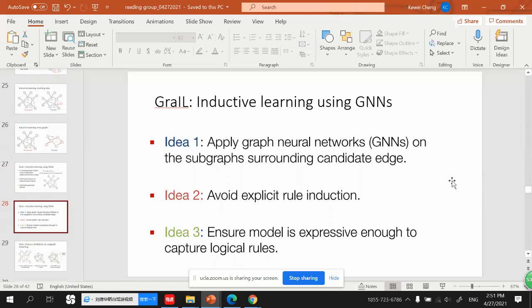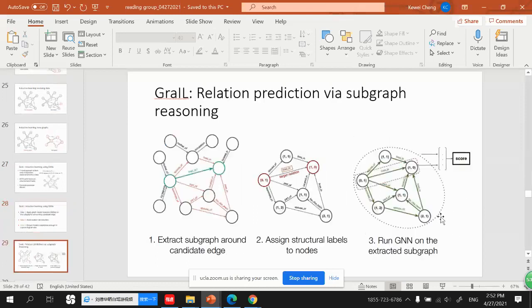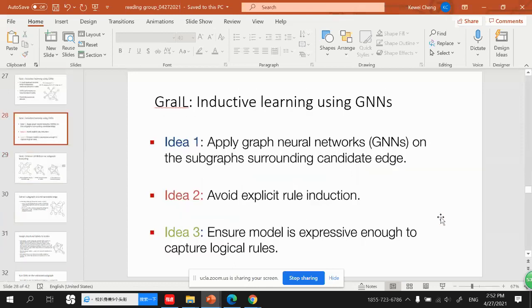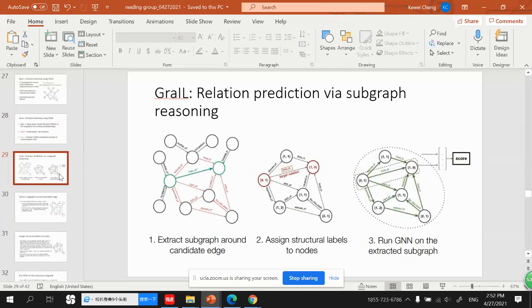So instead of learning them explicitly, it tries to avoid learning the rules directly, but learns the hidden pattern and stores it in the parameters of the model. The third idea is that we have to ensure the model is expressive enough to capture the logical rules.